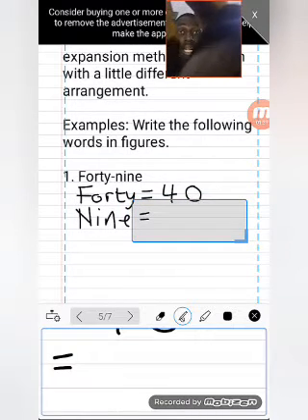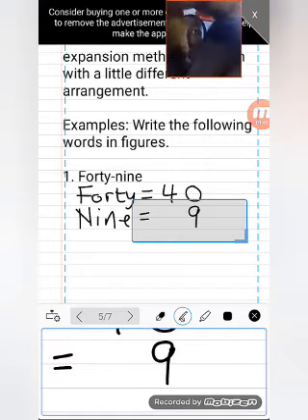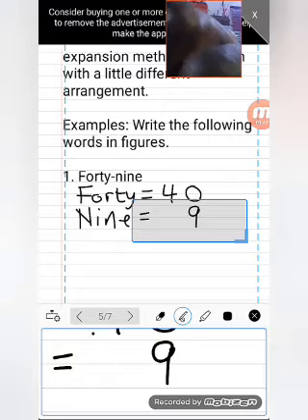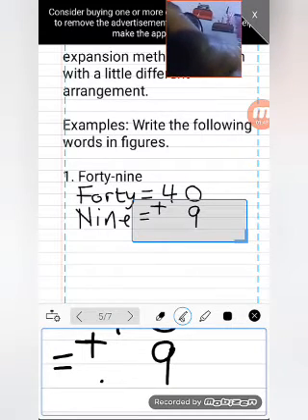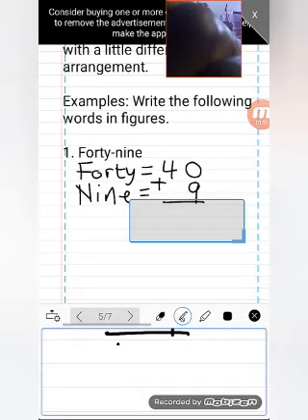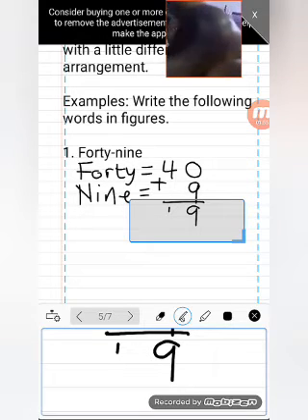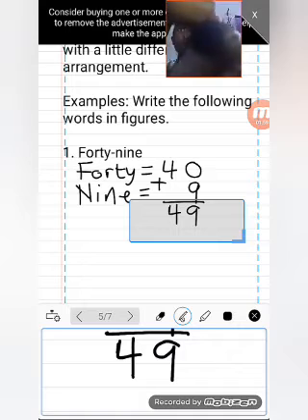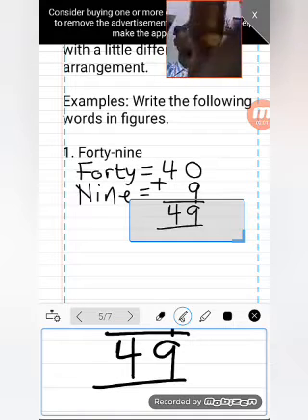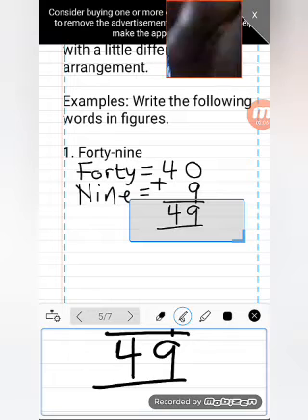So we write it at the first part here, 9. You can see it's like you are doing your addition, the way you arrange when you do your addition. So the way this 49 will appear in number form is, we add the unit first. 0 plus 9 is 9. Then the next one is 4. 4 plus nothing is 4, and that's how we get 49. So this is the first example.